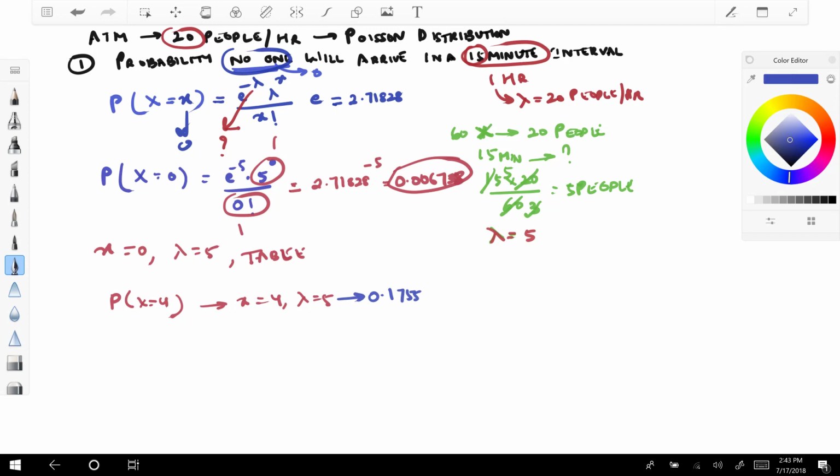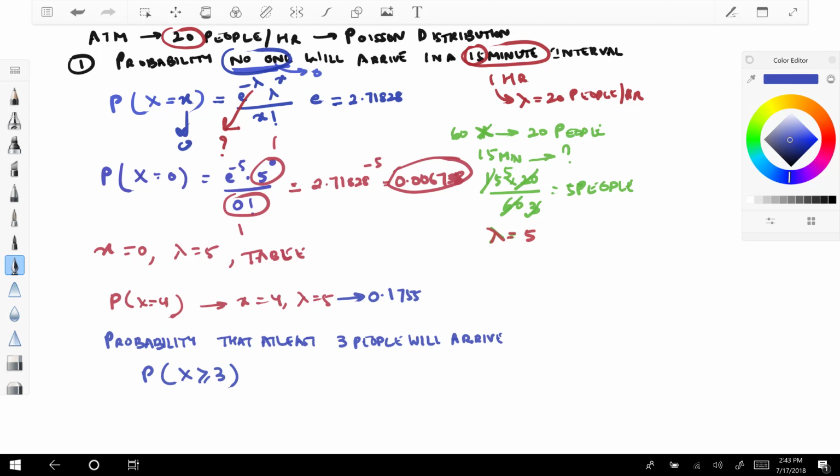Now if someone asks us what is the probability that at least three people will arrive in a given hour, that means we are looking for P of X greater than or equal to 3.